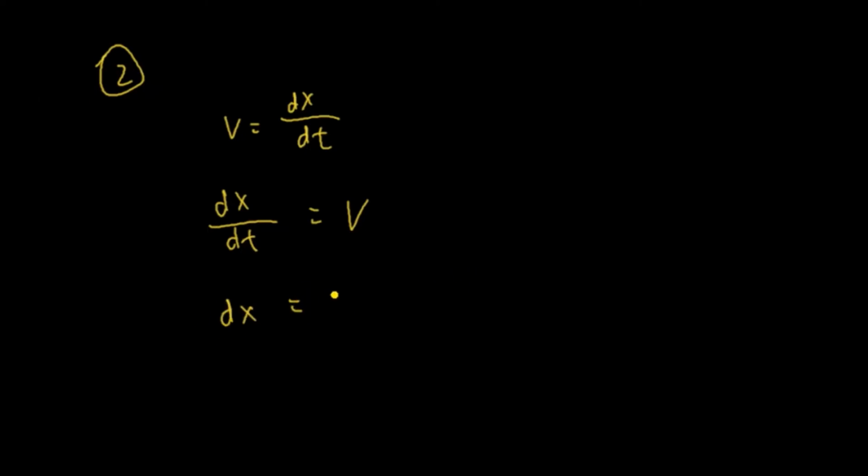Equation number 2, derivation. Velocity is change in displacement over change in time. And I will switch the order: change in displacement over change in time equals velocity. And of course, to do integral calculus, I have to multiply both sides by dt. I have only dx on this side, so I can integrate.